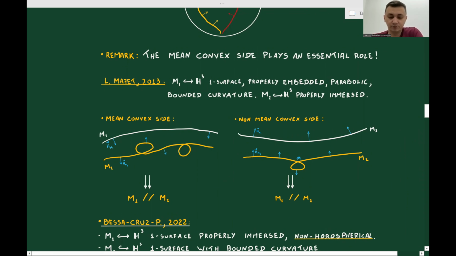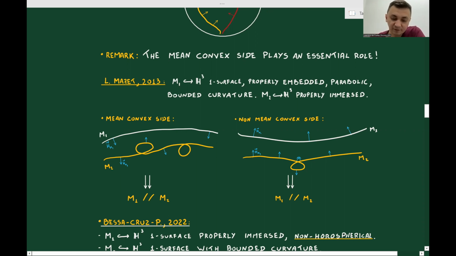And I would also like to mention that this is a particular result due to Mazet, because Mazet's result is stronger, but I just rewrite here the result for the hyperbolic space specifically. So this is just a particular case of his result.